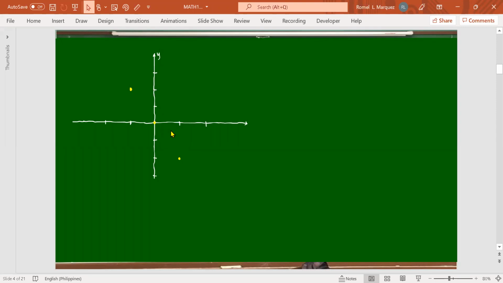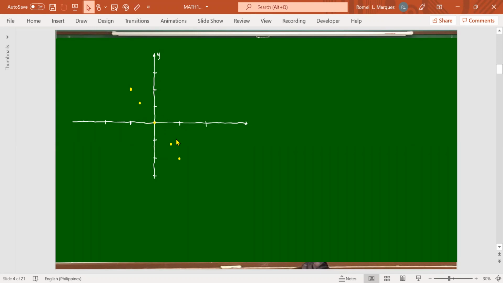Am I right, guys? One point, some 0.75, mga around here. And then negative 0.71, positive 1.24. Around here. Symmetric yan eh.